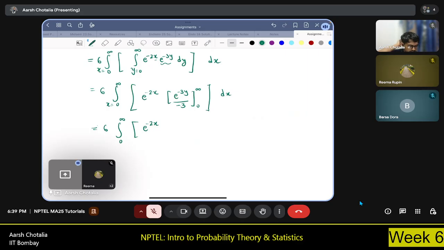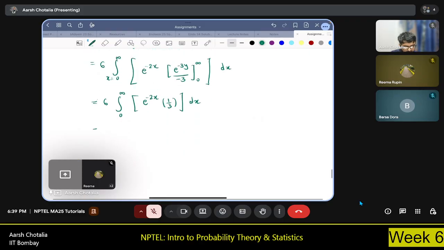So 0 minus e raised to 0, which is 1. So 0 minus minus 1 by 3, which is just 1 by 3, dx. So this gets cancelled with 2. So we have 2, 0 to infinity, minus 2x dx.